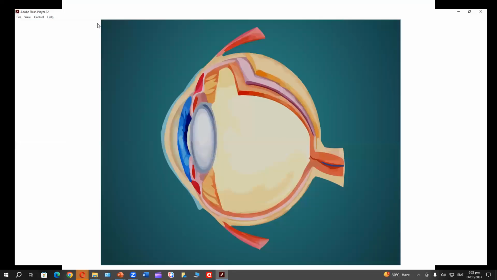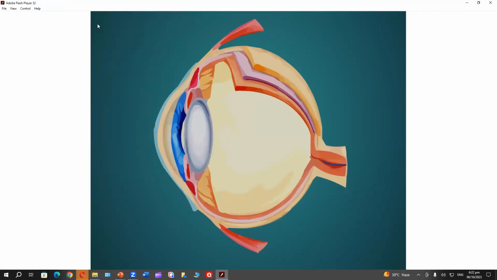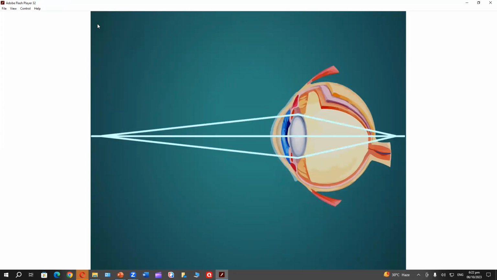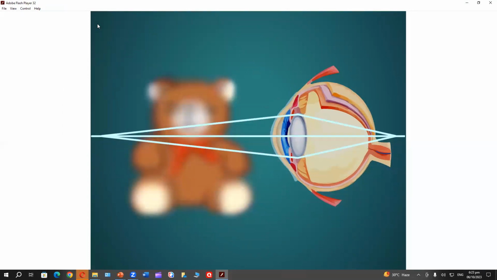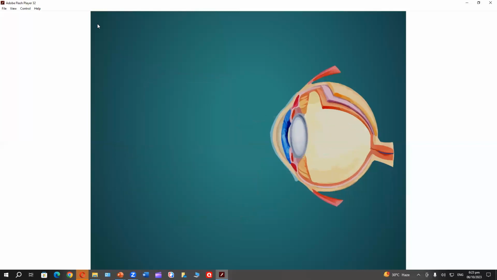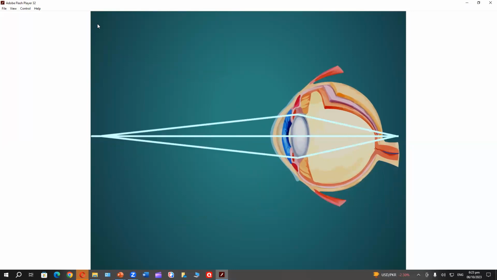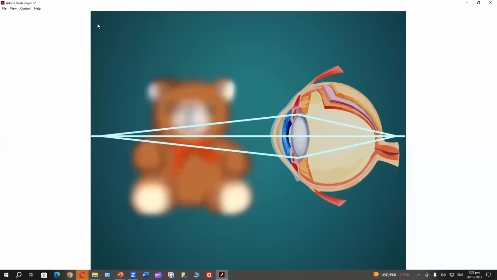If the eye is too narrow, that is, when the distance between the cornea and the retina is too small, the rays propagating from a nearby object do not meet on the retina, and the resulting image is not sharp. An identical problem occurs when, in an eye of the correct shape, the power of the optical system is too low. This problem is known as hypermetropia or long-sightedness.